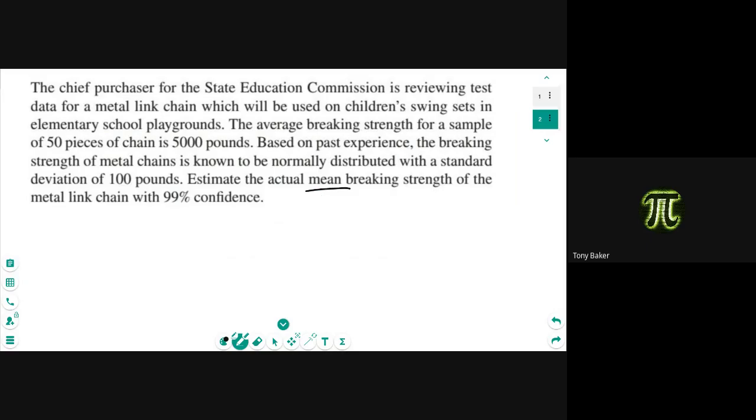All right, so what do we need to know? We need to know our mean. What else? What do I need to know to figure out the n? What are the pieces I need for the formula? Sample size. Standard deviation. And one more.